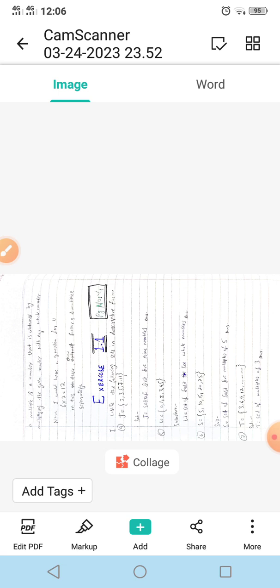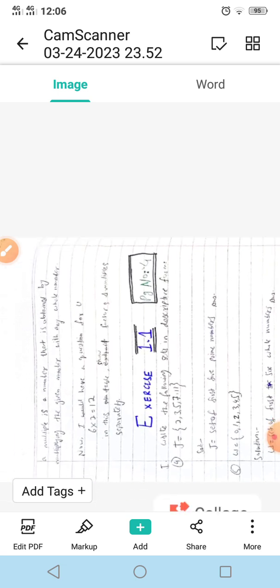A multiple is a number that is obtained by multiplying the given number with any whole number. Here whole number means the same as I have taught you before.